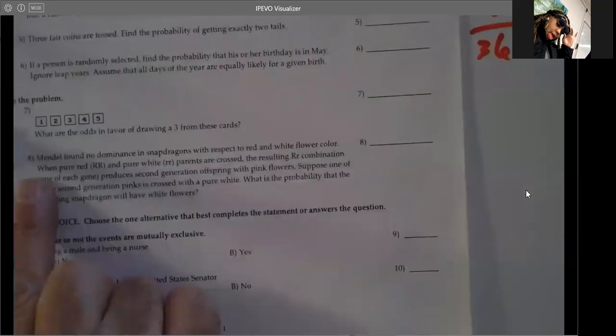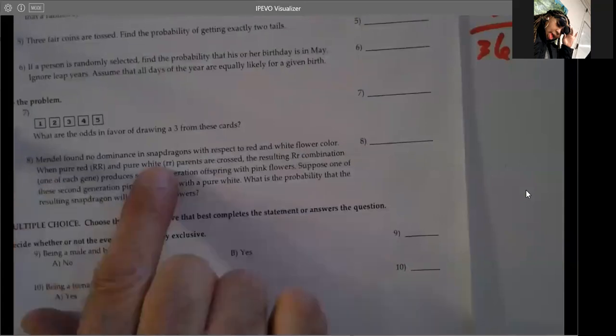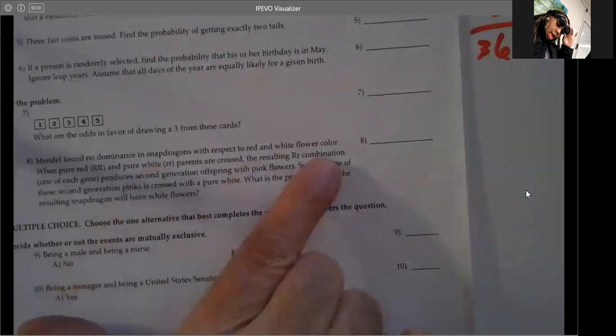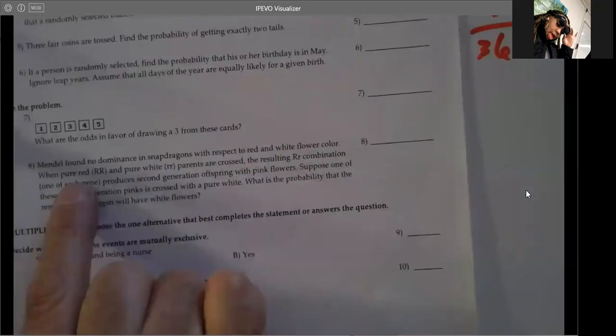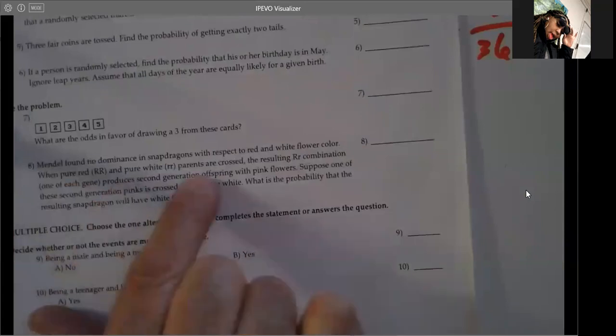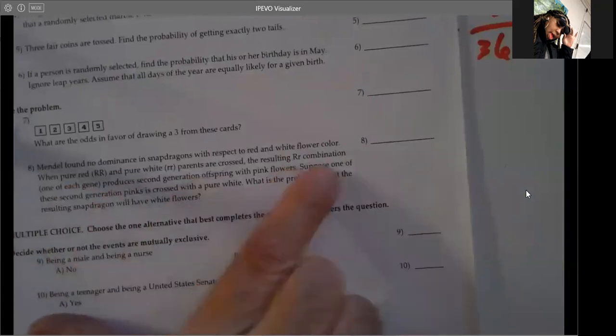So number 8, you needed to see 8. Yes, sir. Mendel found no dominance in snapdragons with respect to red and white flower color. When pure red and pure white parents are crossed, the resulting combination produces second generation offspring with pink flowers. Suppose one of these second generation pink is crossed with a pure white.